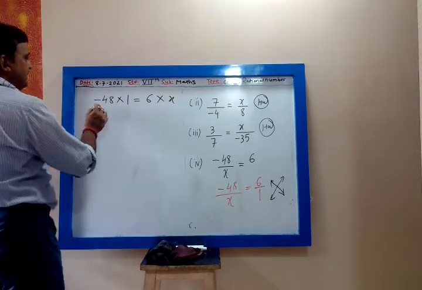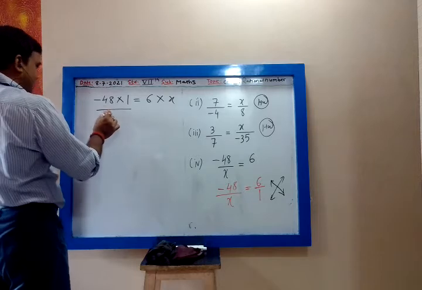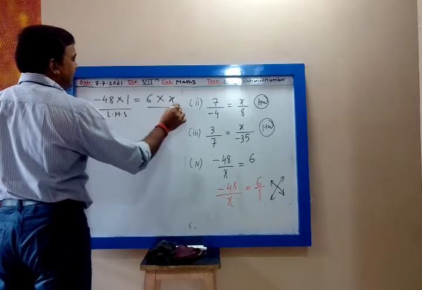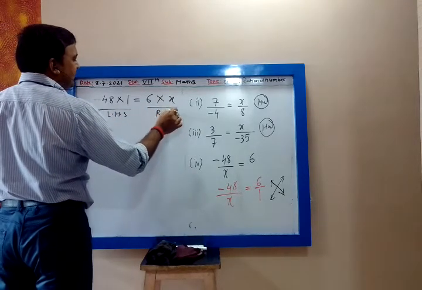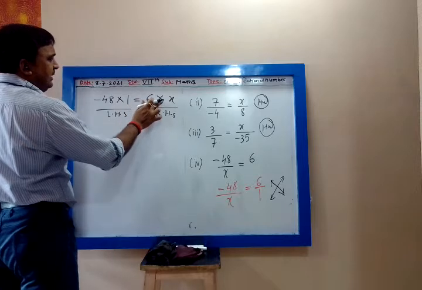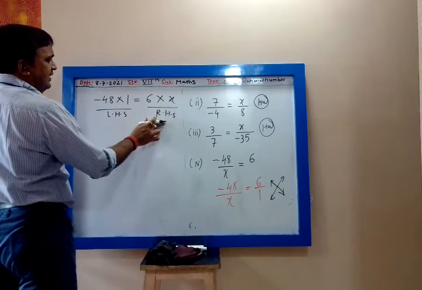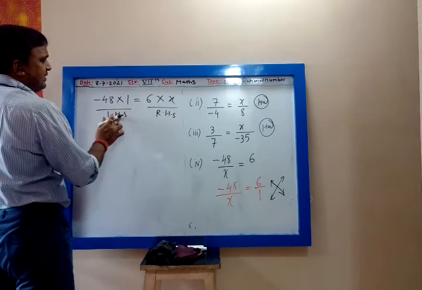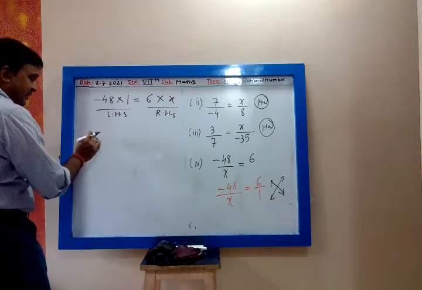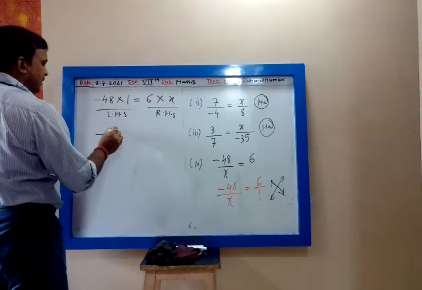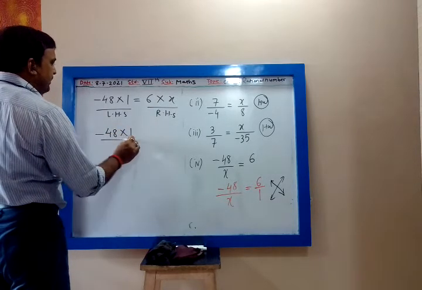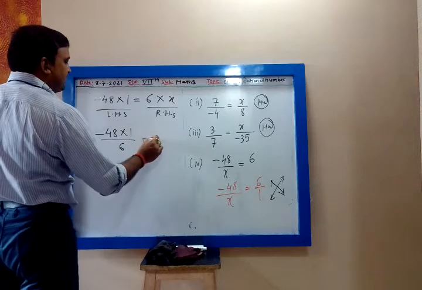Now this is my left hand side and this is my right hand side. You want to find x. 6 is there in the multiplication on right hand side. So when you take 6 to the left hand side, 6 will go in the division. So minus 48 into 1 upon 6 is equal to x.